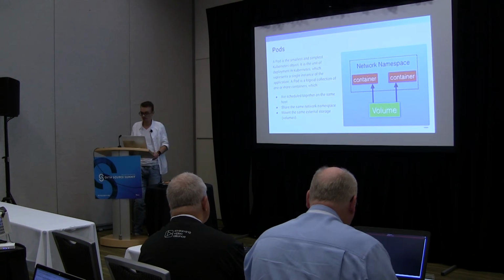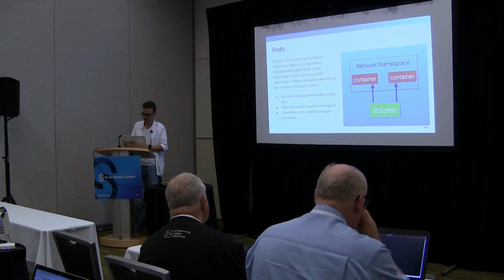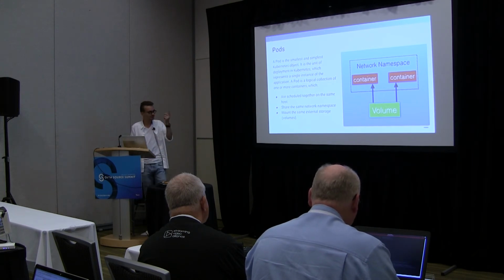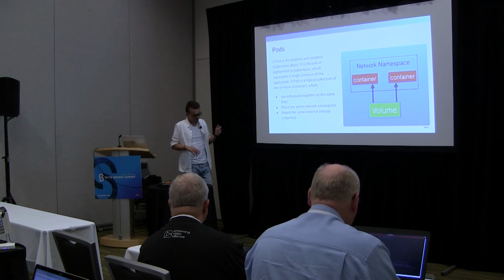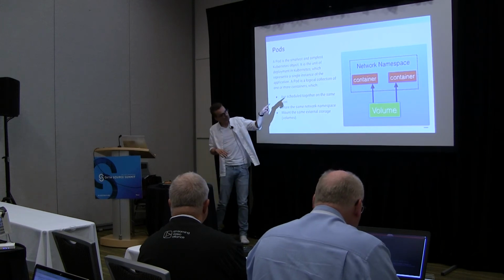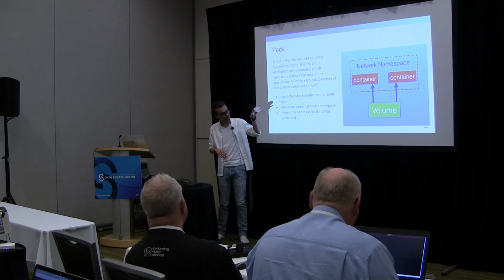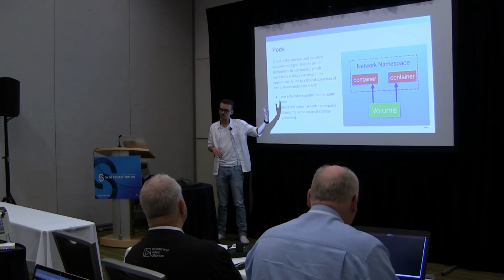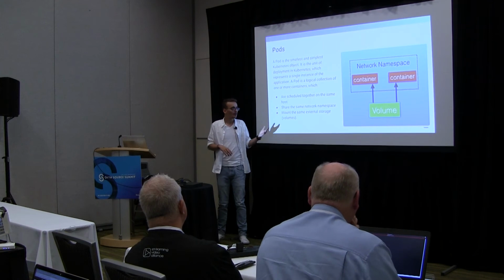So pods. As I mentioned before, a pod is the smallest, atomic unit of Kubernetes. If you're running your applications on Kubernetes, they are running in pods. A pod is actually the virtual unit within the Kubernetes worker node, where you may have a single or multiple containers.